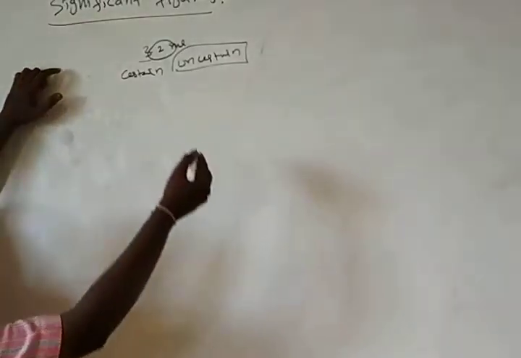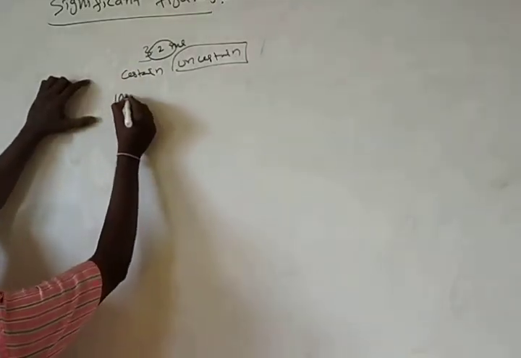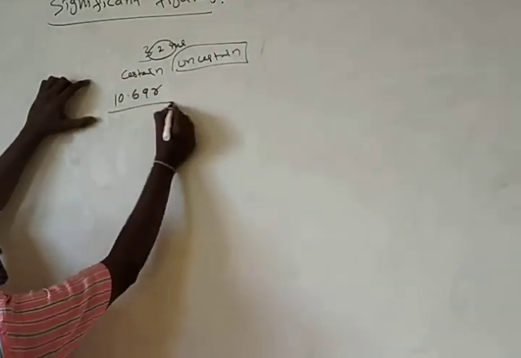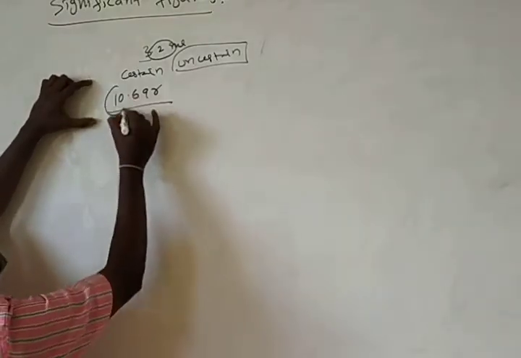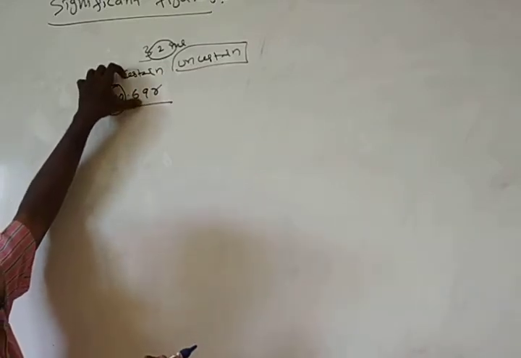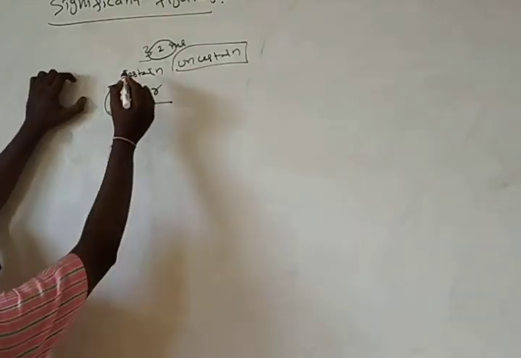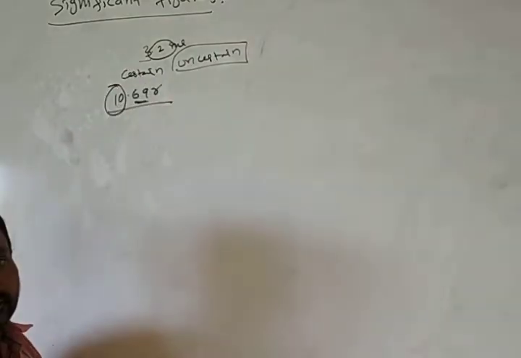Suppose, for example, while preparing a solution, we mention 10.6 grams of compound. Here we have importance for the 10, not for the 6. So 10 we call the certain value, and 6 we call the uncertain value.